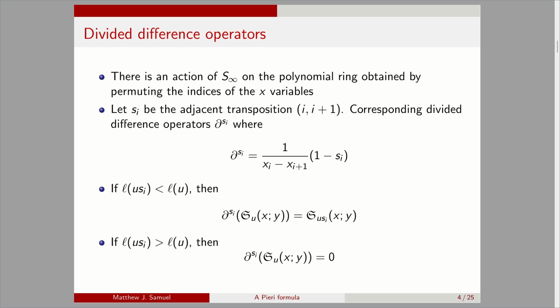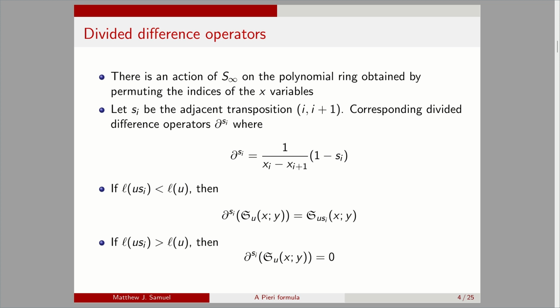It's 1 over x_i minus x_i plus 1 times, in parentheses, 1 minus s_i. So if we apply this to a polynomial, you take the polynomial, subtract what you get when you exchange x_i and x_i plus 1, and you divide by the difference x_i minus x_i plus 1. These act very nicely on the double Schubert polynomials. We'll see why in a moment.